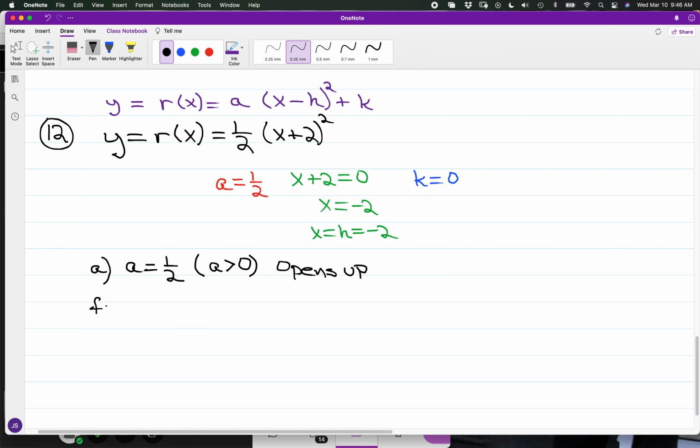And for the axis of symmetry, we have x is equal to h, and again, that value is -2.